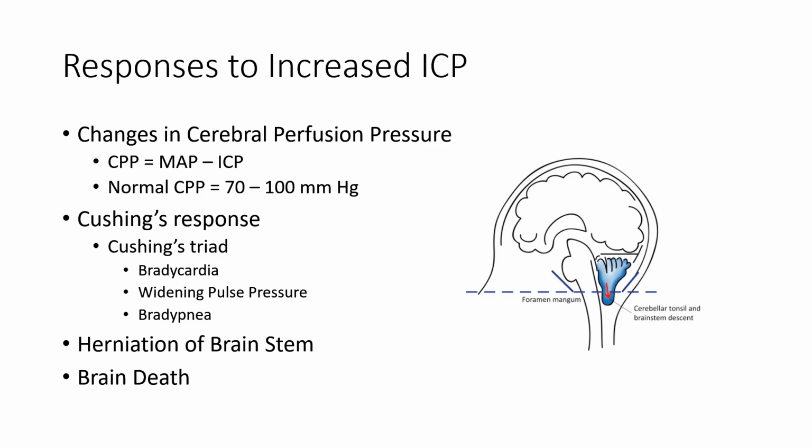If we don't bring the increased intracranial pressure down and increase the cerebral perfusion pressure, we risk a patient herniating their brain into the foramen magnum, and this will result in brain death.